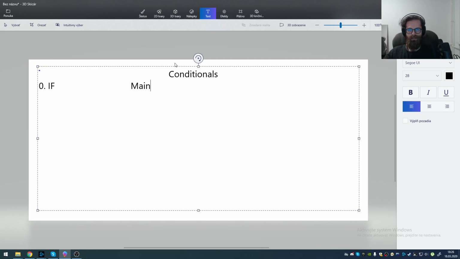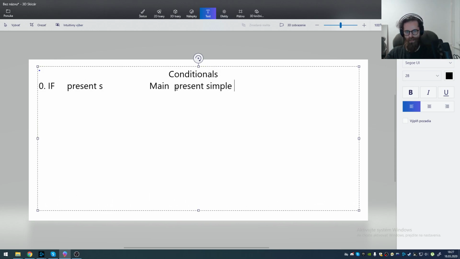These 2 usually have, well, not usually, but all the time, have 2 different verbs, which means that we can work with 2 different tenses. In the 0, as you already know, we're working with present simple, and in main, guess what? The same thing. Boom, the same thing.